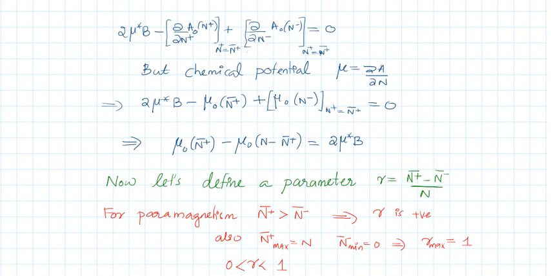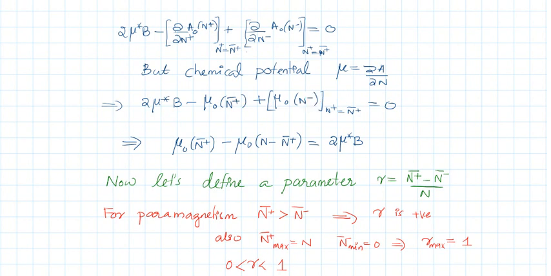We also have the definition of chemical potential mu, which is dou A by dou N. The partial derivative of free energy with respect to the number of particles gives you the chemical potential. These are standard definitions. Then if you apply it here, you will get 2 mu star b minus this, which is nothing but mu 0 of n plus bar, and this is nothing but mu 0 of n minus.